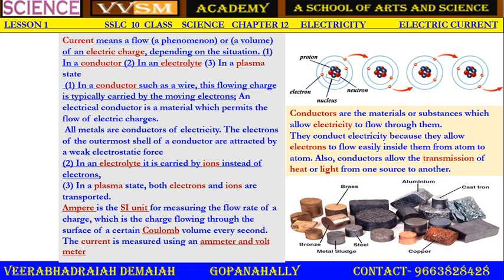The current is measured using an ammeter. The instruments used are the ammeter for current in amperes, the voltmeter in volts, and resistance in ohms. These are the very important basic concepts of electric current in science.